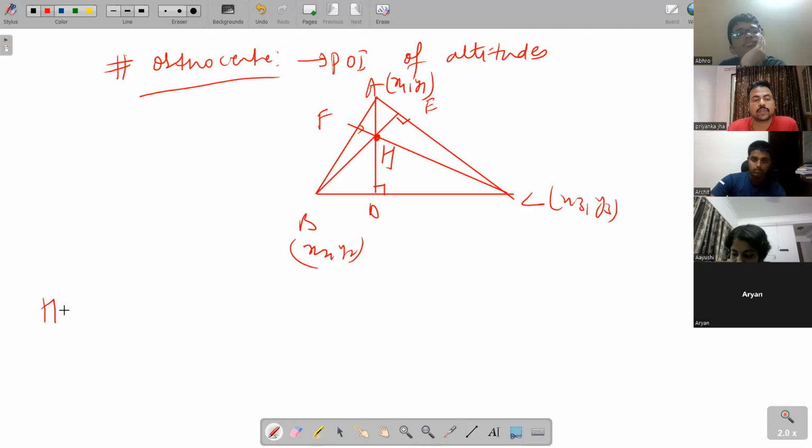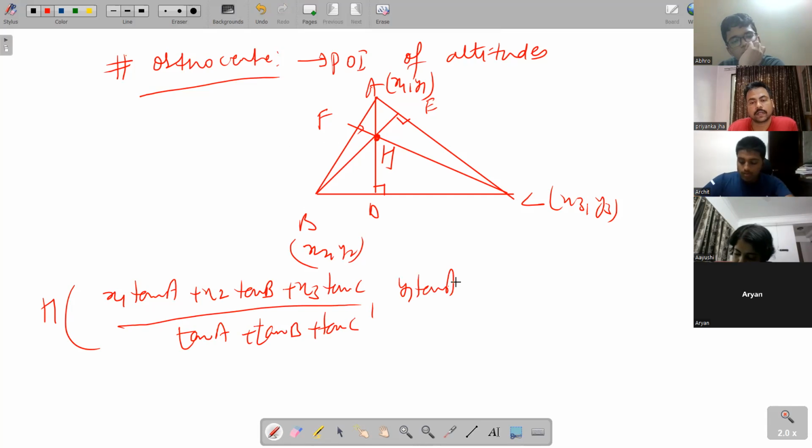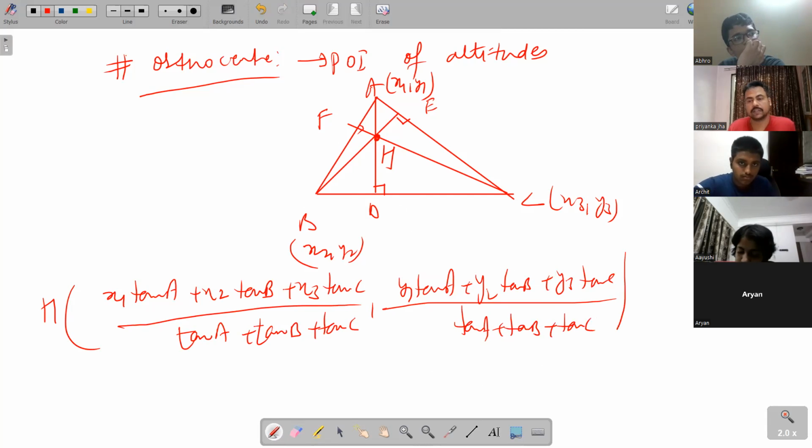So the coordinates of the orthocenter will be (x1 tan A plus x2 tan B plus x3 tan C) upon (tan A plus tan B plus tan C), and (y1 tan A plus y2 tan B plus y3 tan C) upon (tan A plus tan B plus tan C).